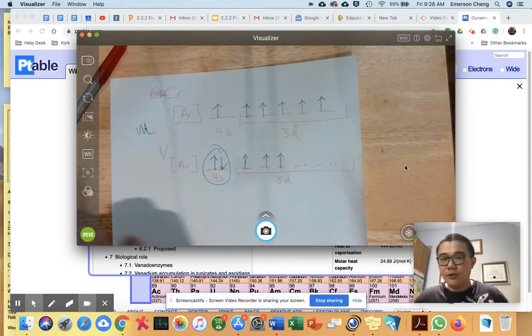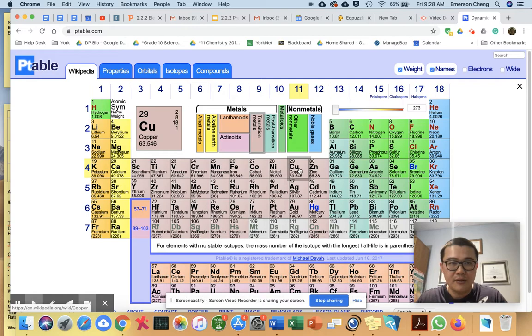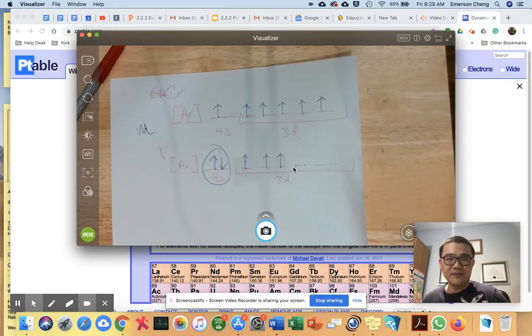Okay, so the same logic goes with copper. Copper is the other exception, where you can see it drops from the 4s. They'd rather have the 4s not entirely filled, but the 3d entirely filled.